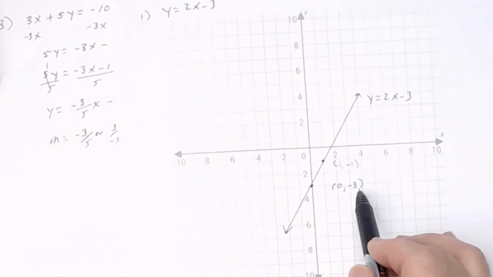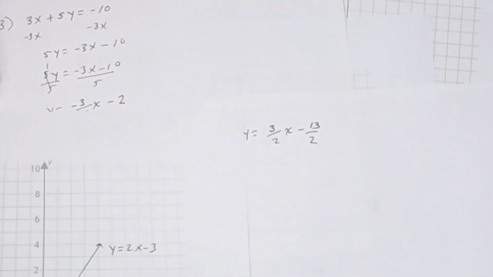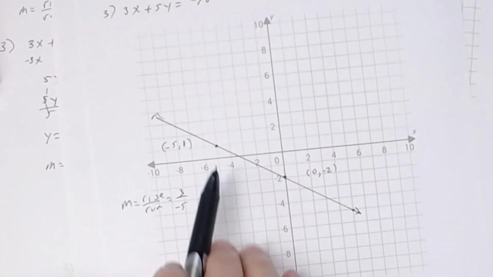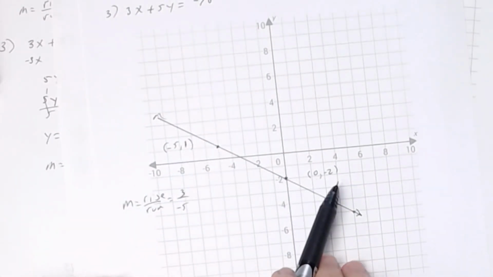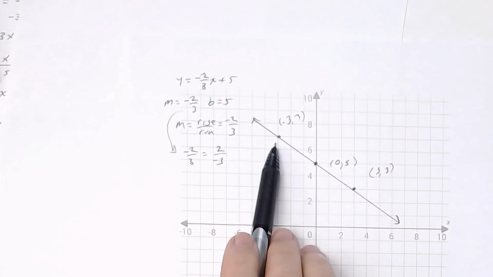So whenever graphing these lines, you want to, as best as you can, use coordinates that are integers. So notice those were integers. The other one we did were integers. And then the third one we did, those were integers as well.